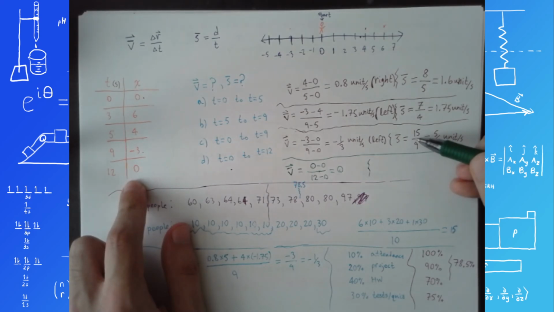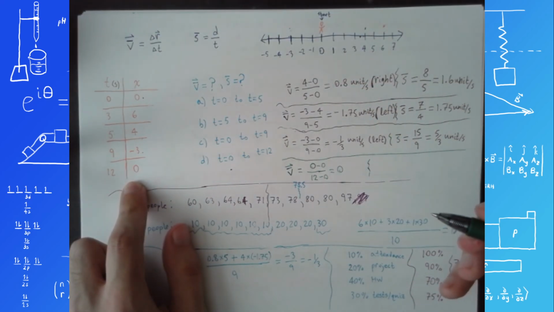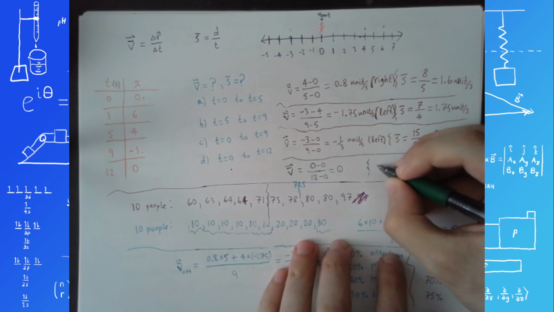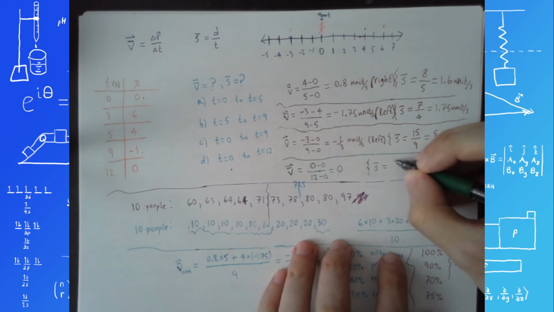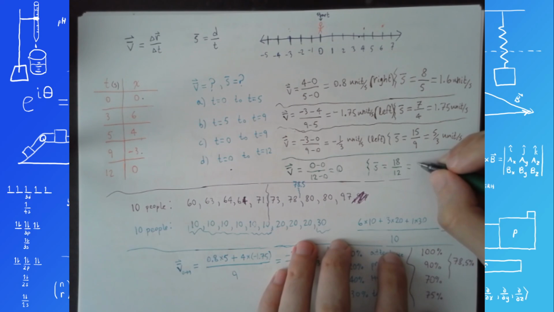So we go 3 more steps on top of the 15 steps that led us to -3. So that's a total of 18. So average speed, total distance traveled would be 18 over total time is 12 seconds equals 3/2 or 1.5 units per second.